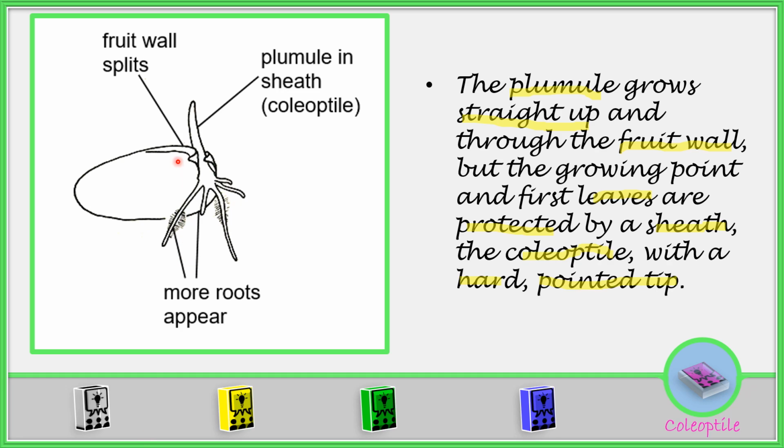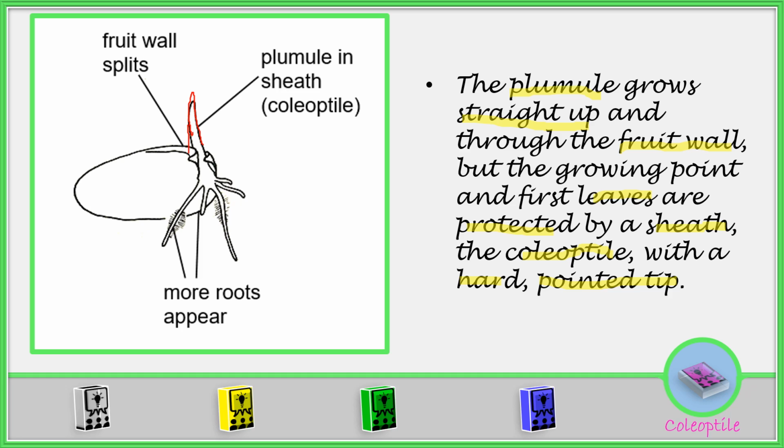So when you look here, this is our plumule. It comes out of the fruit wall, but it has a pointed tip and is very hard, and it has a sheath that is like a cover.